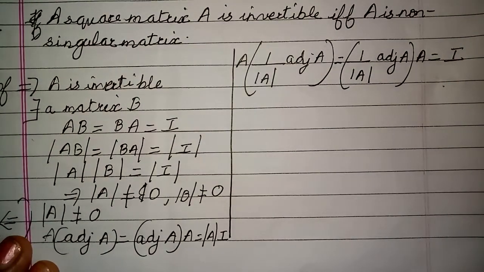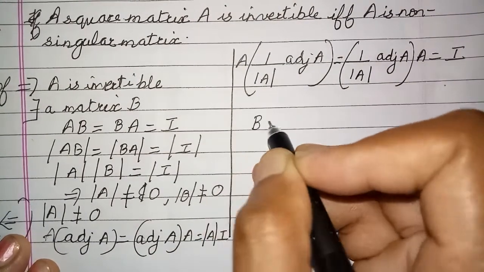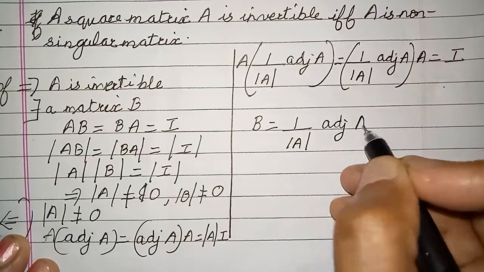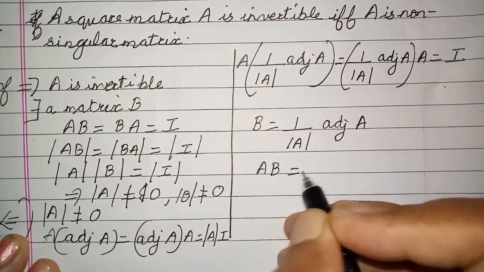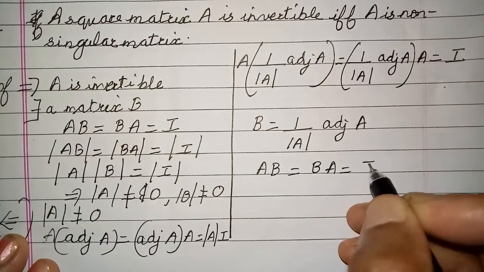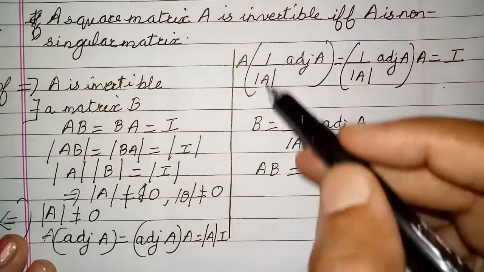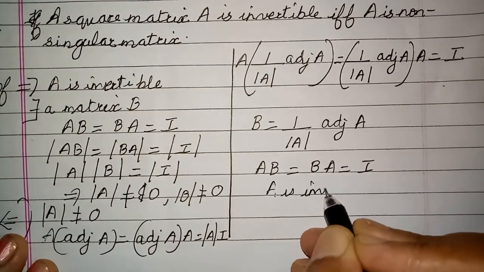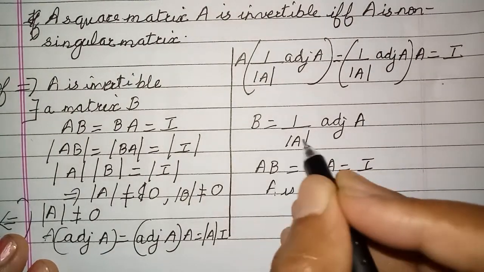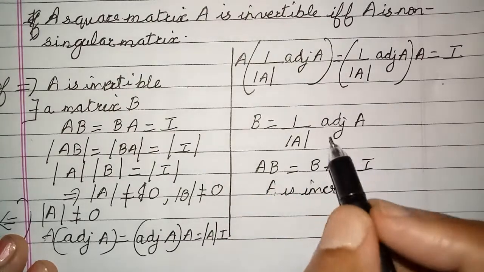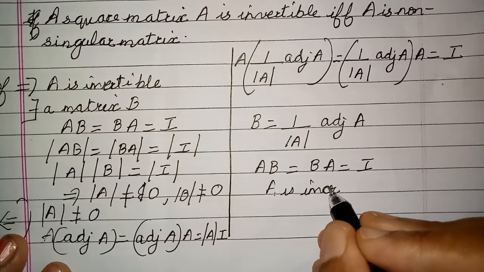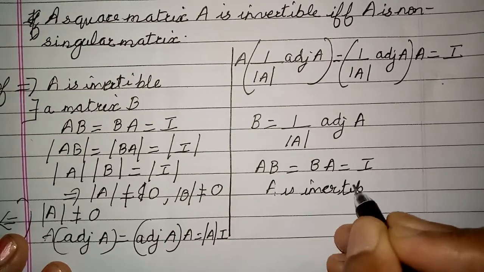Now just carefully look at this, children. You can see that if I name this adjoint term as B, it will look like AB is equal to BA is equal to I. So that means A is invertible, because I know that determinant of A is not 0 and for every matrix I can find adjoint of A. So B exists, and I can say that A is invertible.